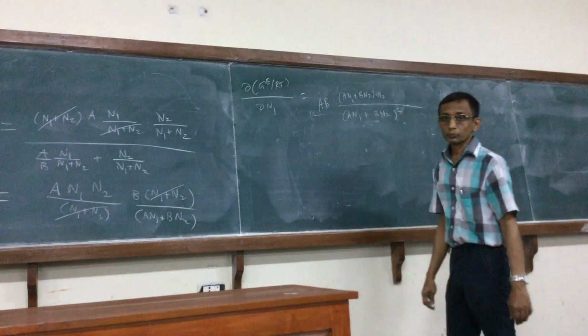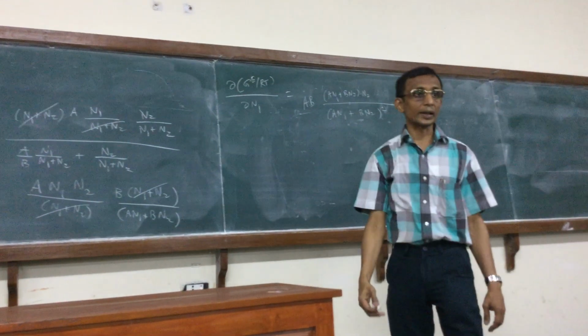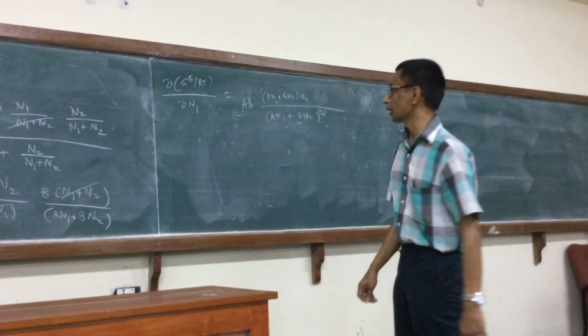Times N2: in the numerator I have N1 times N2, and I am differentiating with respect to N1.